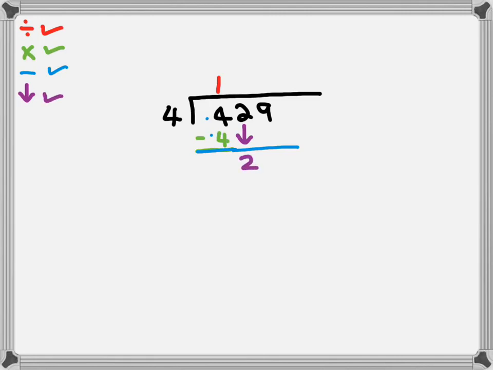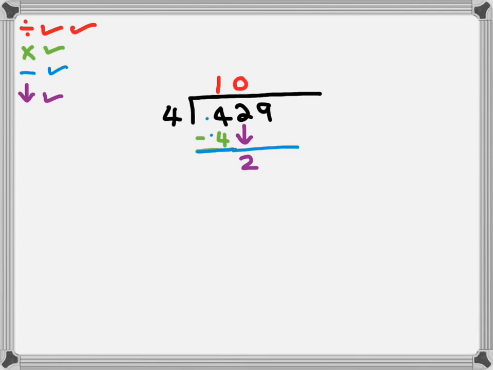Now we're going to go back up to the top and we're going to start again with divide. So we're going to say 4 divided into this number here. 4 into 2. 4 can't go into 2. It can only go in there 0 times. So we're going to say 0.